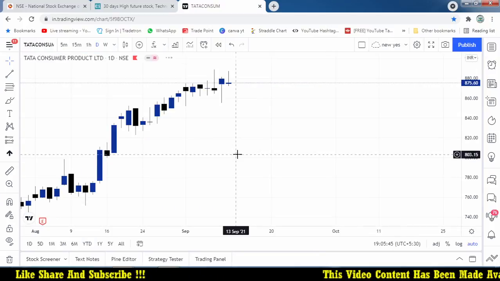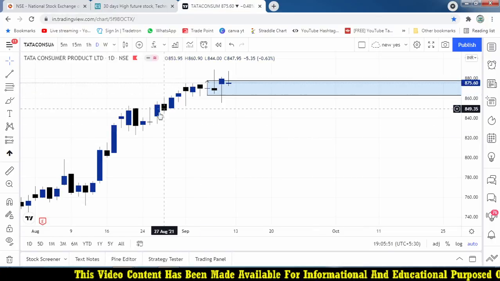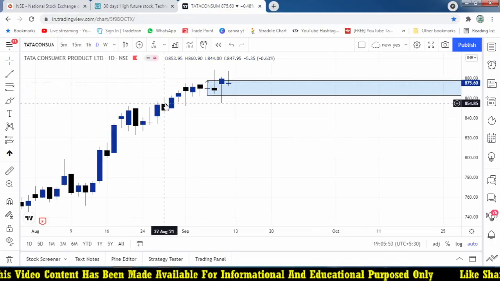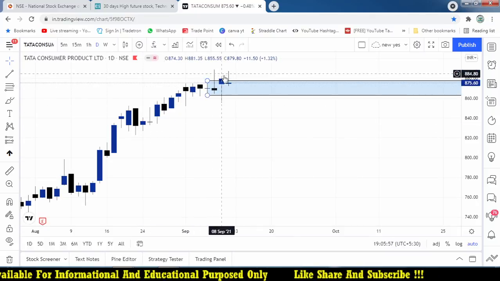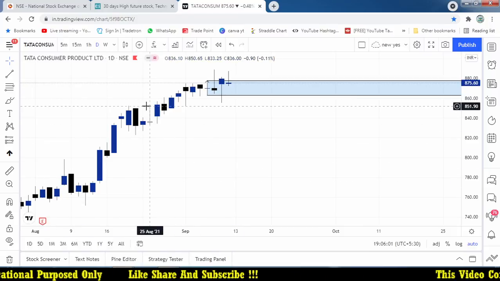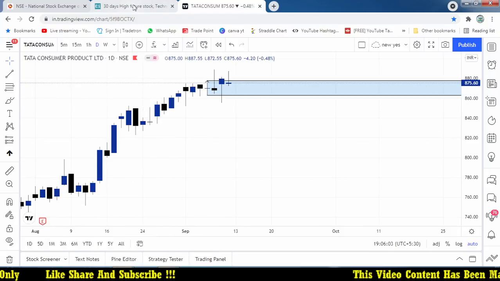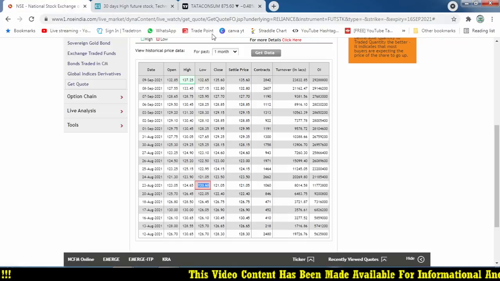I hope you understand what I'm discussing with you. On the day of the 30 days high, 27th August, somewhere here, after that it never came down, it kept on moving higher and making a 30 days high. Whenever we find such a great reversal, we will go for a sale. And SRF, SBI Life, HAL, a lot of stocks.